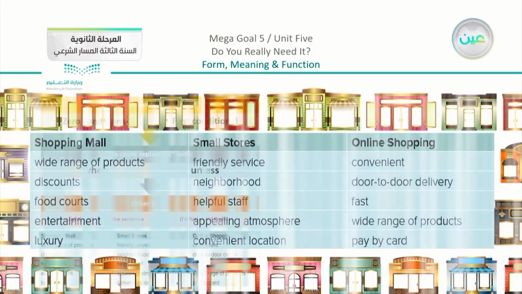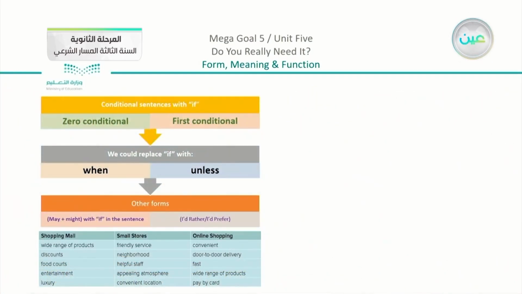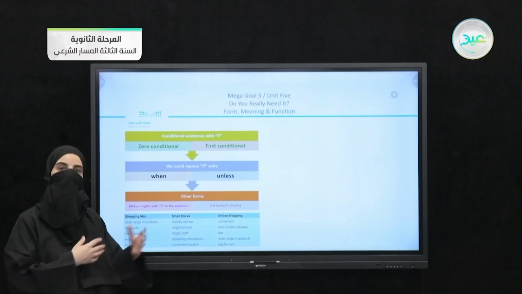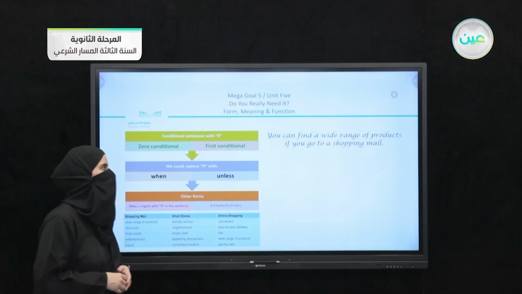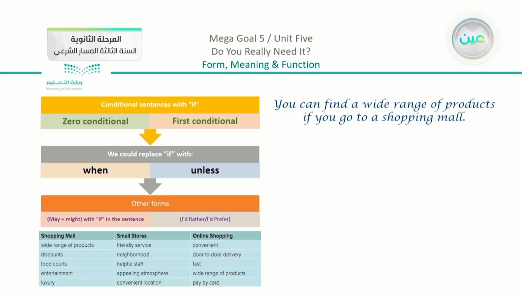Now, I'm going to do something with you now. We have here the structures that we took and also we have the words that are connected or related to shopping, and we are going to apply both of them and structure new sentences here. So we're going to see the examples that we have here. The first sentence.